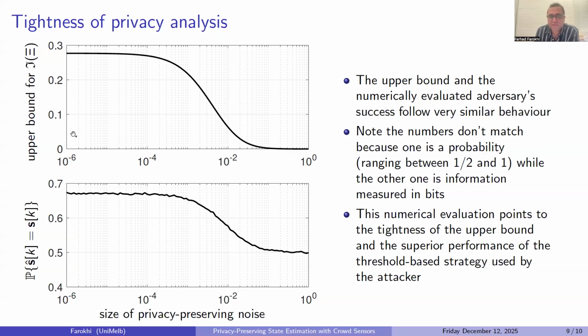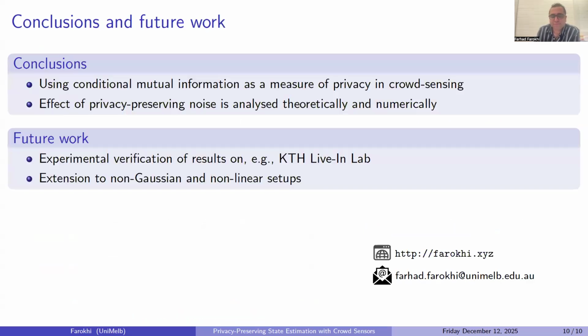The only difference between them is that the top one is measured in bits. So it's a different kind of quantity than the bottom one, which is the probability. It comes up as an answer that's between half and 1, while the upper one is in bits, which relates to logarithms of probabilities and so forth. So they have different scales, but nonetheless they have very similar shapes. That potentially shows that our derivations are relatively tight, and even this very simplistic adversary can achieve that upper bound that we have in the paper.